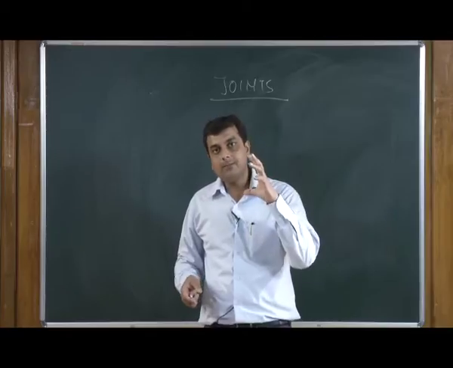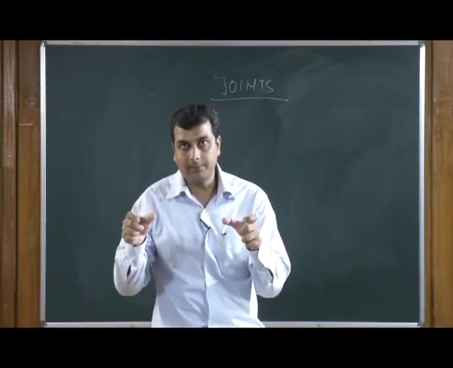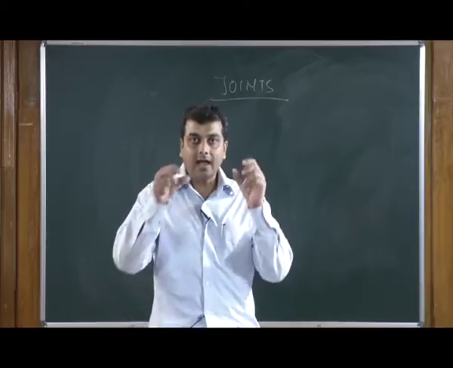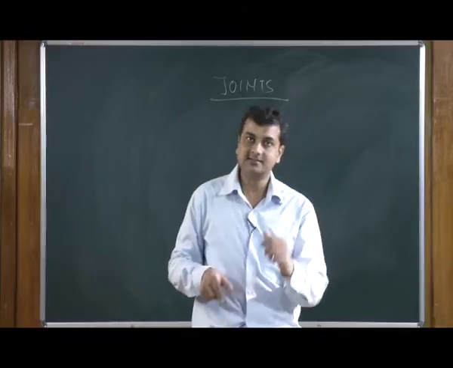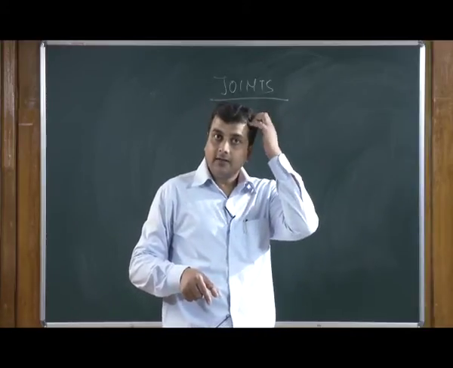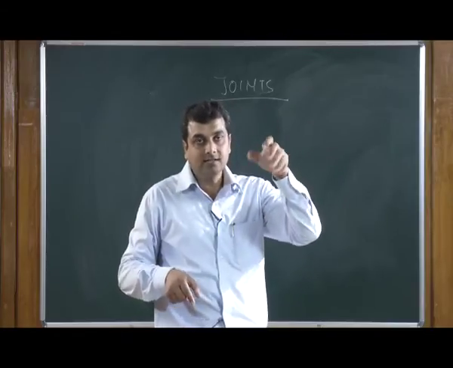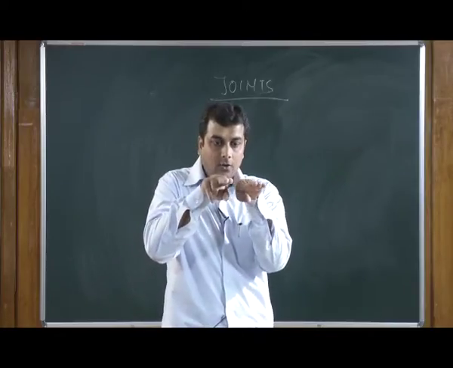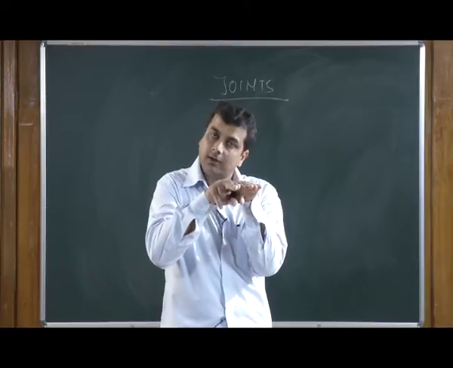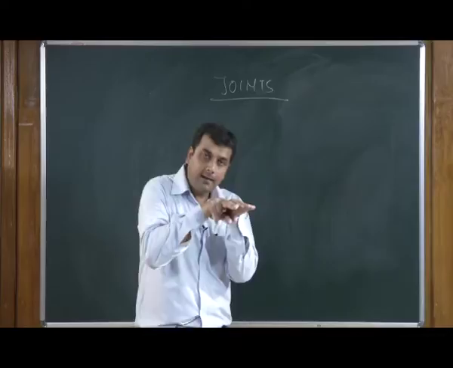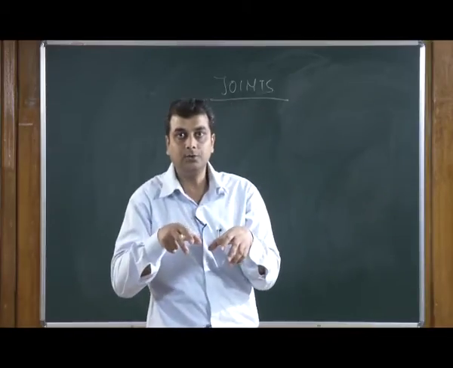Each and every part of the human body has some sort of joint, because bones are not regular; we have small bones. Let us give an example. This is the skull, and these bones are flat in nature. These flat bones are joined to each other in such a way that they are not moving. Just imagine if you had movement in the skull, a very flexible skull; you do not want that.